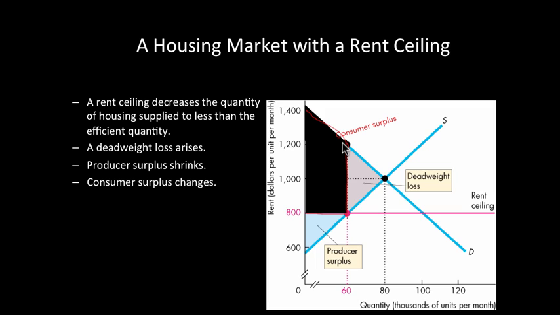What is the change in the consumer surplus? The consumers that are renting the houses right now are renting these 60,000 housing units. For them, this is the demand function, the maximum they were willing to pay, and this is what they actually end up paying. So for those consumers, there has surely been an increase in consumer surplus.